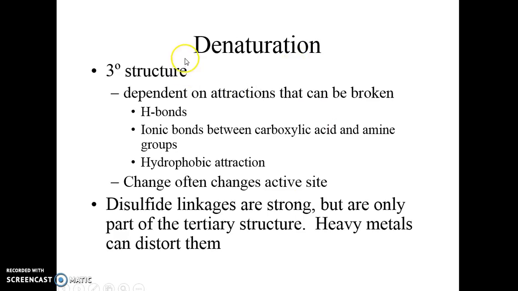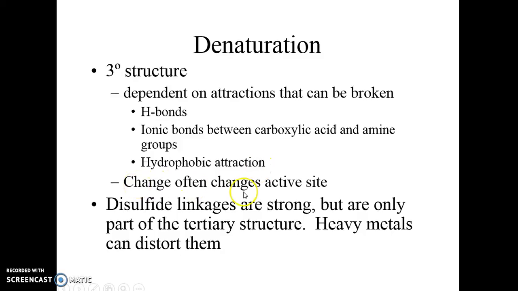So this gets us to the point of denaturation. Denaturation is the loss of the tertiary structure. The tertiary structure depends on hydrogen bonds, ionic bonds, hydrophobic attraction, and also the disulfide linkages. Denaturation is when you change the shape of that protein.